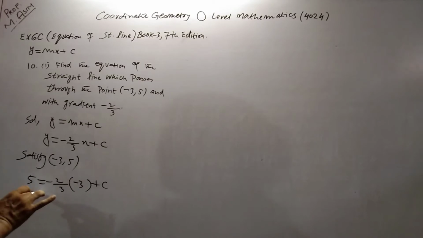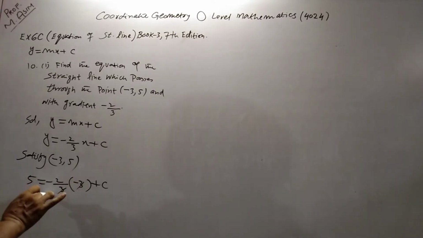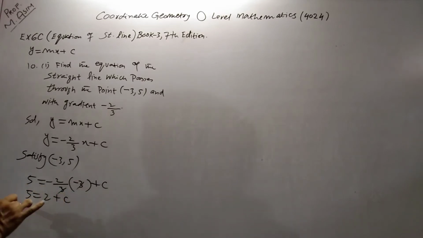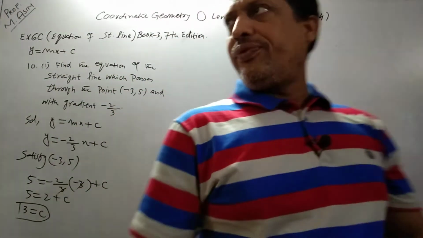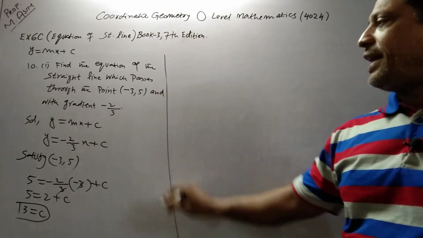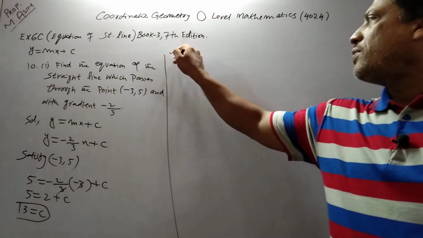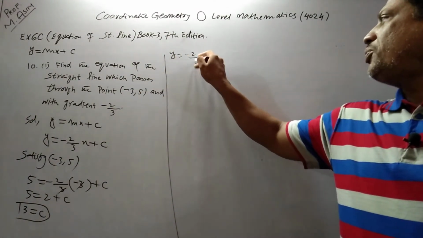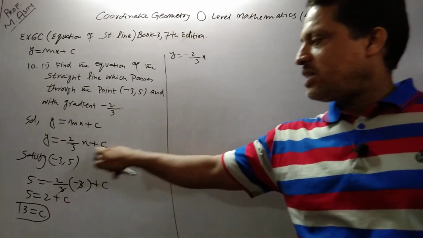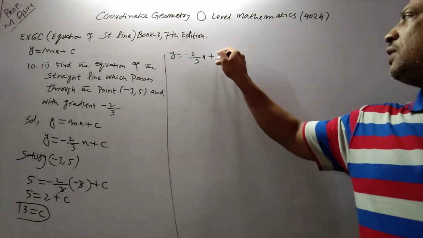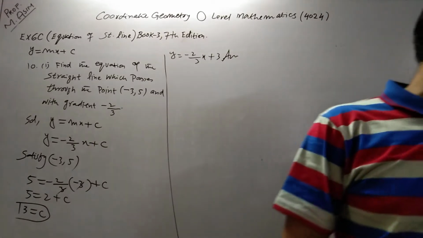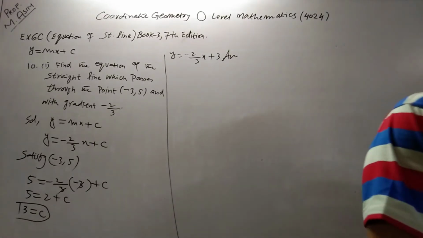So 5 equals, 3 cancels 3, minus into minus is plus, the answer is 2 plus c. 2 moves to the other side, 5 minus 2 is 3. So the value of c is 3. Hence the equation of the required straight line is y = -2/3 x + 3. Hope you understand this part. Very easy.